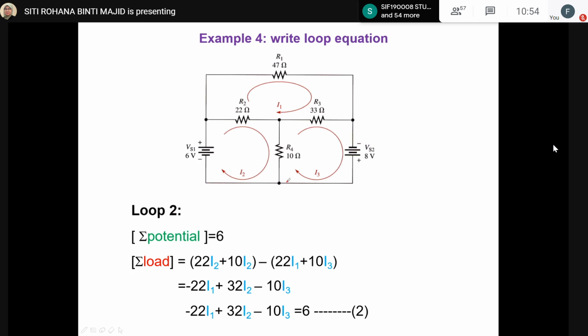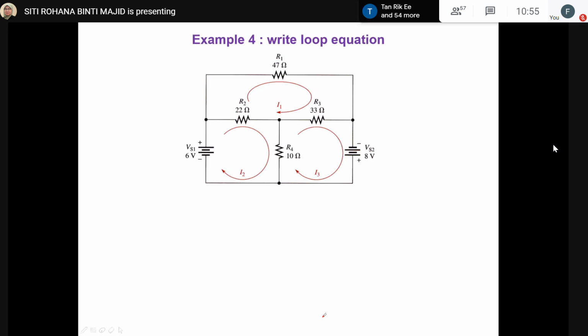Because this is I2 in loop 2, we take 22 I2 plus 10 I2, and they also experience current I3 and I1 in the opposite direction, which is minus 22 I1 plus 10 I3. So you will have negative 22 I1 plus 32 I2 minus 10 I3 equals 6.